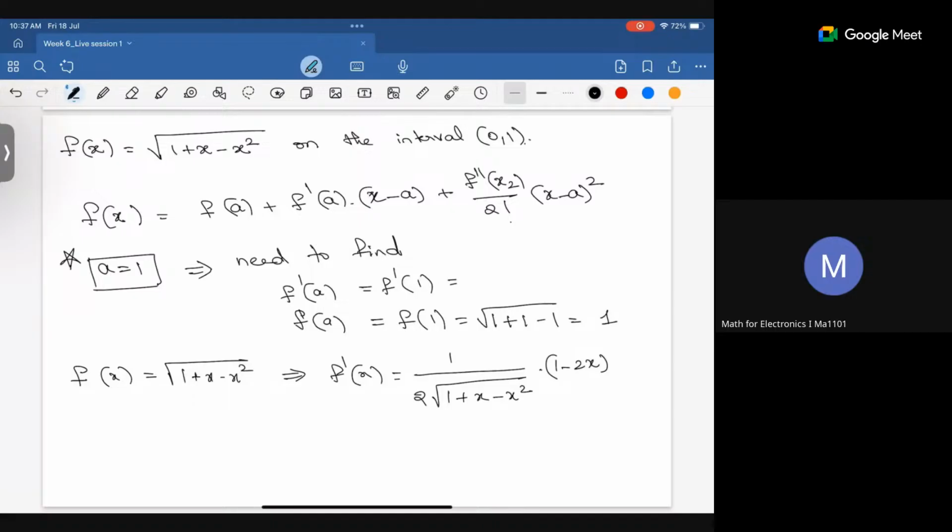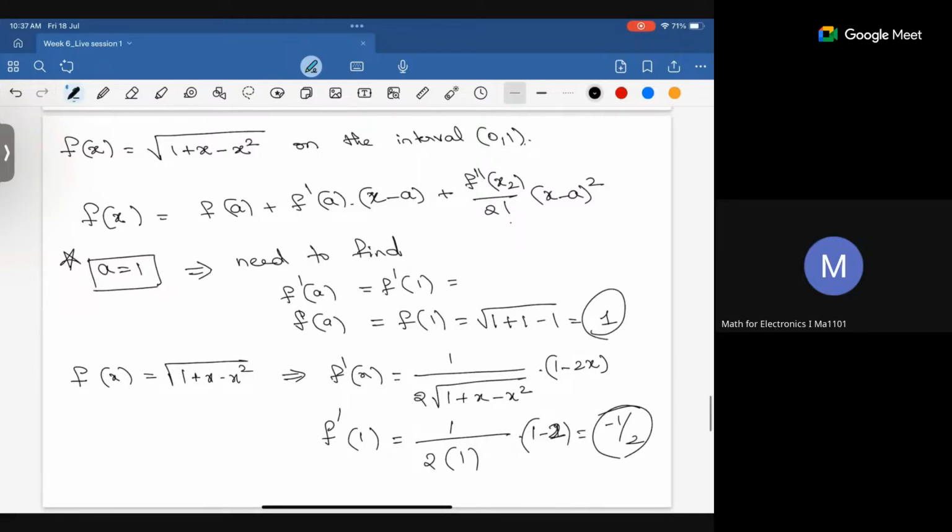Am I correct? I just wrote. Yes, sir, it's correct. Okay, good. So now if I want f prime of 1, again it will be 1 by 2 into 1 into 1 minus 2, which is minus half.